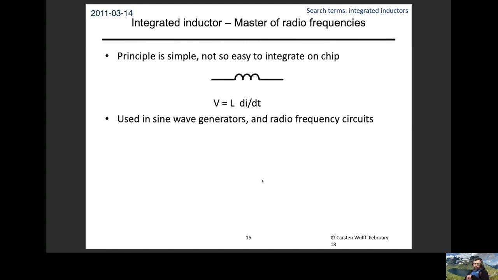Now, capacitors can be very small. You have a very large capacitance per square micrometer, maybe even up to, let's say, 10 femtofarad per micrometer squared if you use a gate oxide on a transistor. If you use a metal oxide metal, it's more like 5 or 6 femtofarads per micrometer squared.